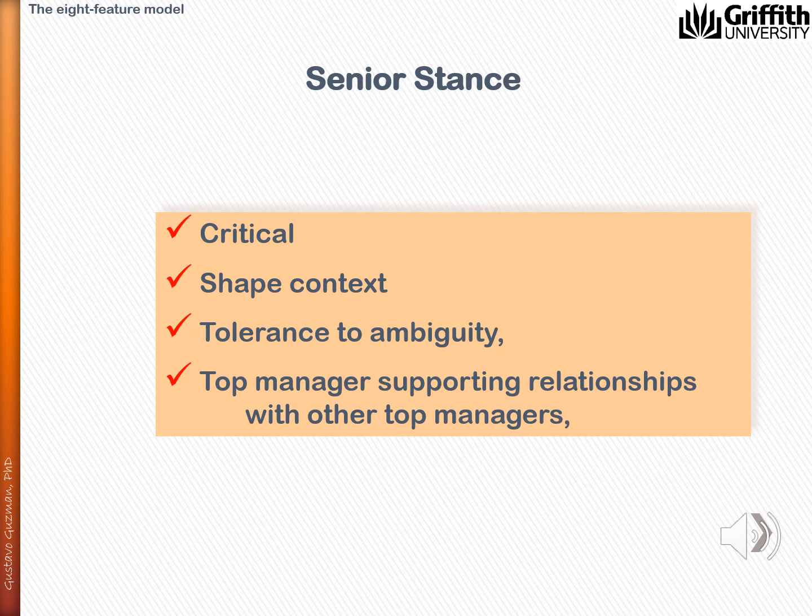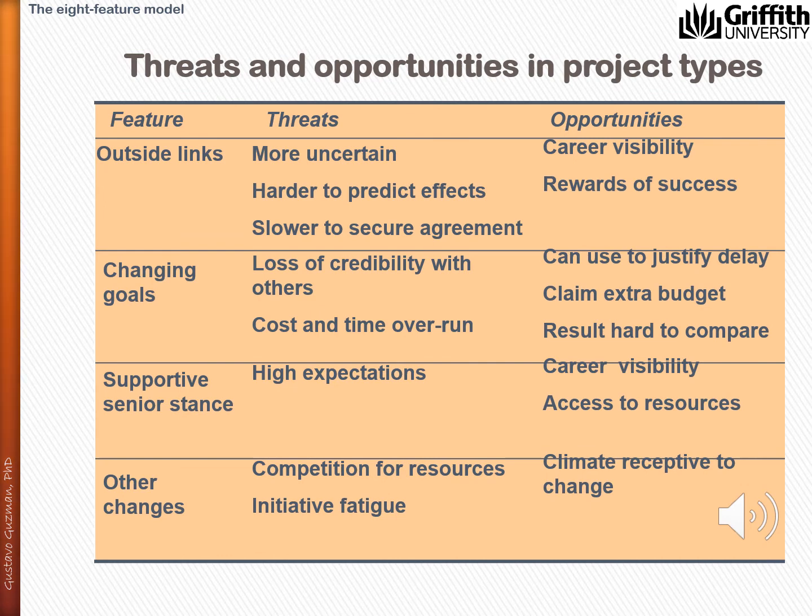If the project is complex, for example, it is important that top managers are able to tolerate risk and ambiguity. All these features, of course, bring threats and opportunities to the project and to the project manager.